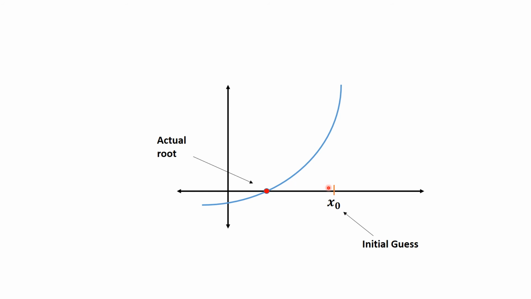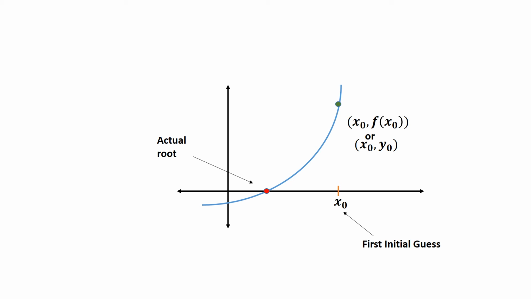So this is the point here. You can take any point, student. This is the first initial guess, basically. This point corresponds to the point on the curve: x naught, f of x naught, or simply x naught y naught. You can choose any point. You don't need to be worried about the positive or negative value of the function.